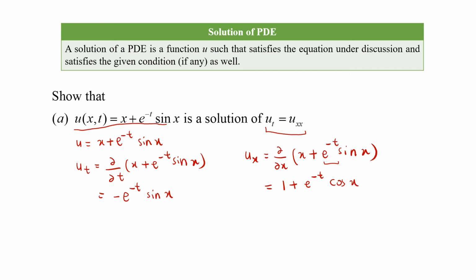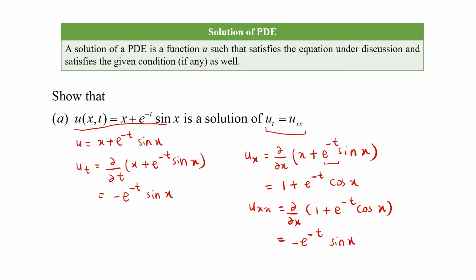Then you differentiate ux with respect to x again to get the second order partial derivative. This is del over del x of 1 plus e to the power of negative t cos x. Differentiating this, you get e to the power of negative t, and differentiating cos gives negative sine x.